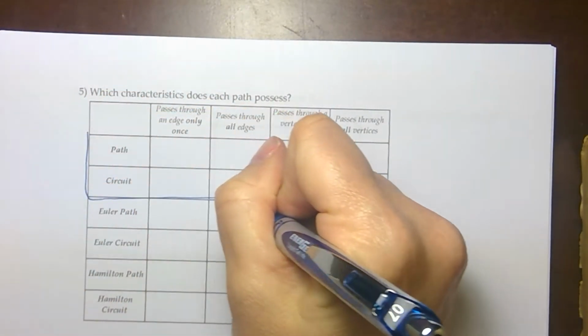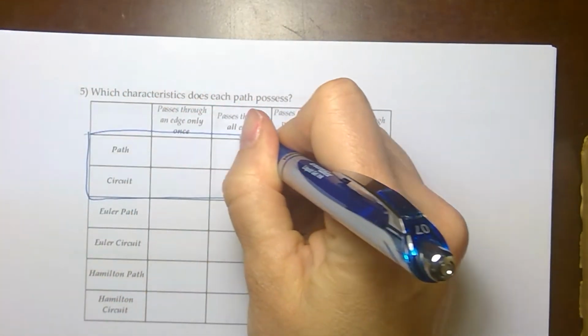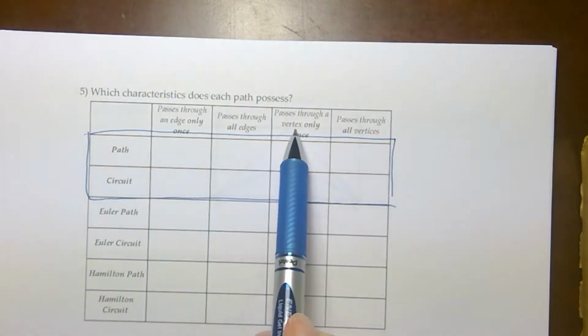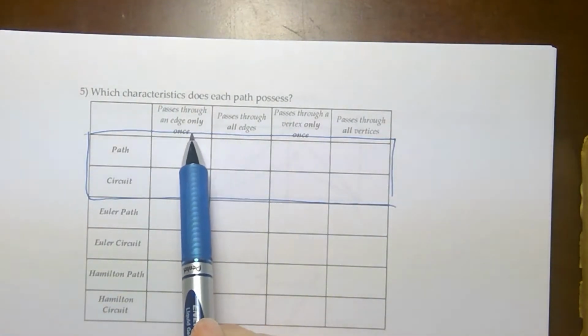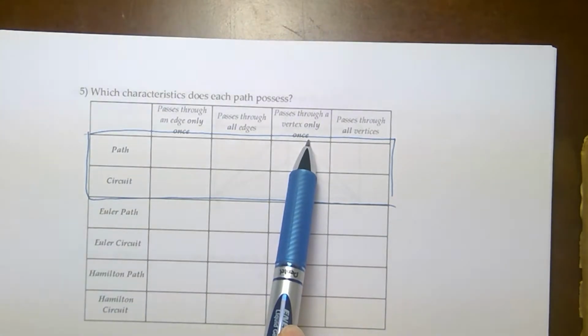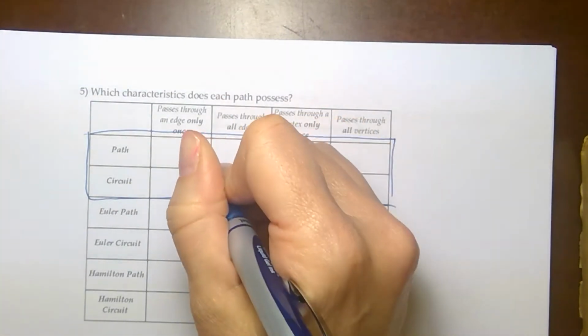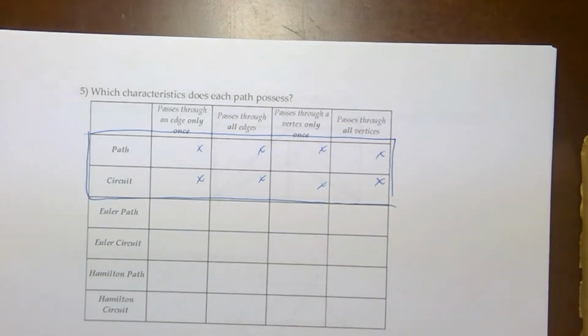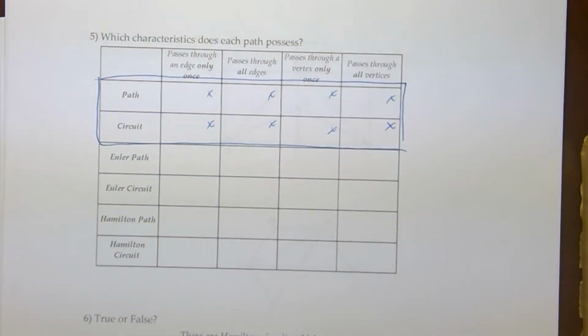So we're going to take those in blocks. Remember, each circuit is a path. Let's look at the general paths and circuits first. Our columns all focus on either every edge exactly once or each vertex only once. None of that is required for our general paths and general circuits. So we're just going to say no, that's not necessary.